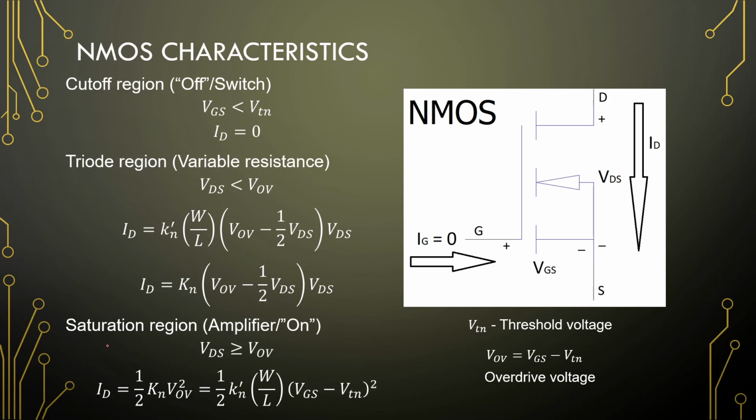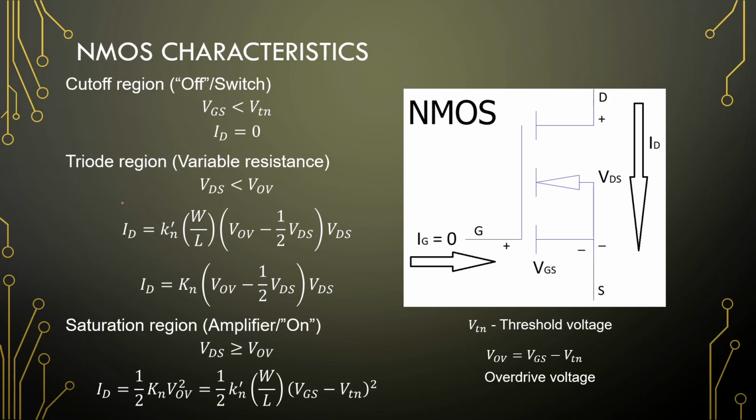Note that the saturation region is not the same as the saturation region of the BJT. For the BJT, that is when it is fully on in a switch application. And we have something called the triode region.